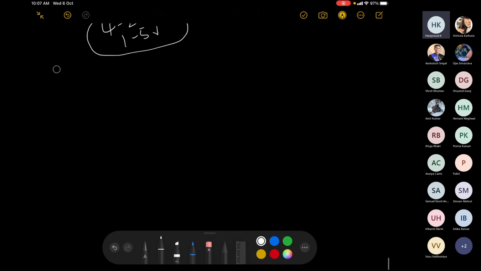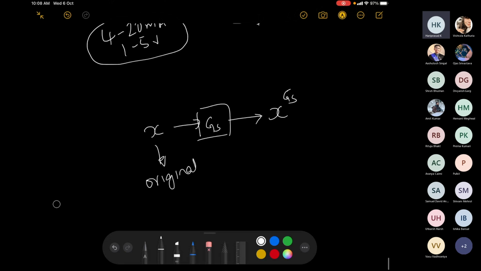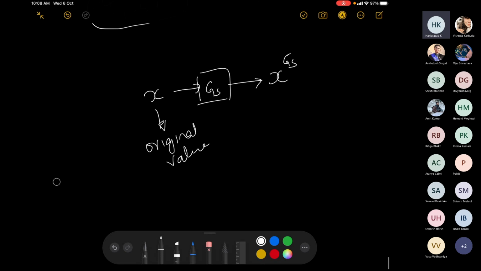So let's say x is your original variable value. X would pass on to GS, which is your sensor, and you would get X GS. This is your original value: let's say it is 350 Kelvin, but this is the sensor equivalent signal of that.